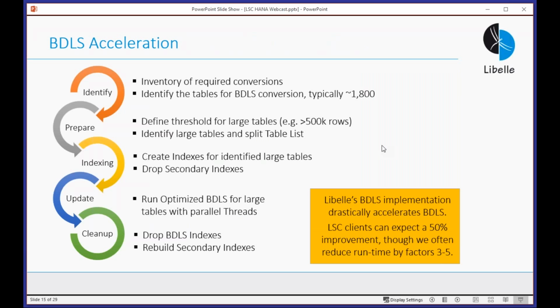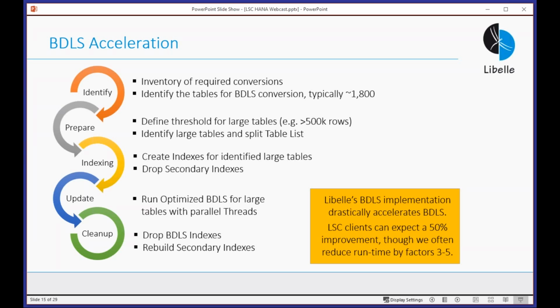We have always had a specific implementation for PDLS. Overall, PDLS became faster with HANA, but it still leaves a lot of space for improvement. So we implemented an ABAP-based process to trigger the PDLS much faster by identifying large tables and using indices on those large tables, which dramatically accelerates the PDLS, specifically with HANA.